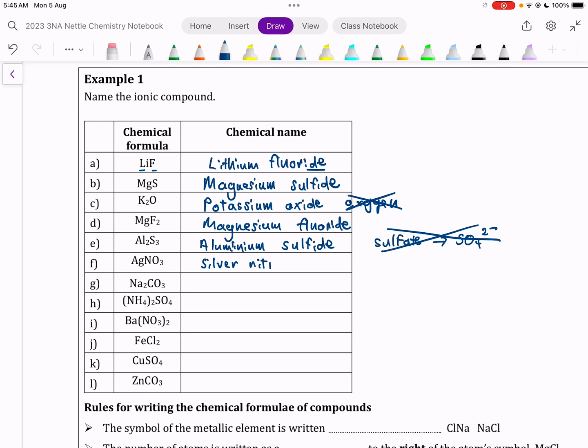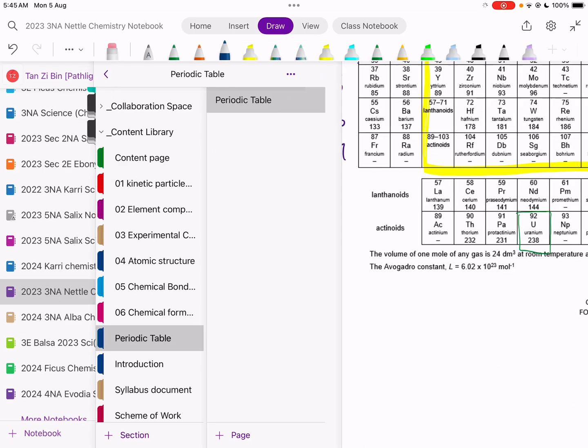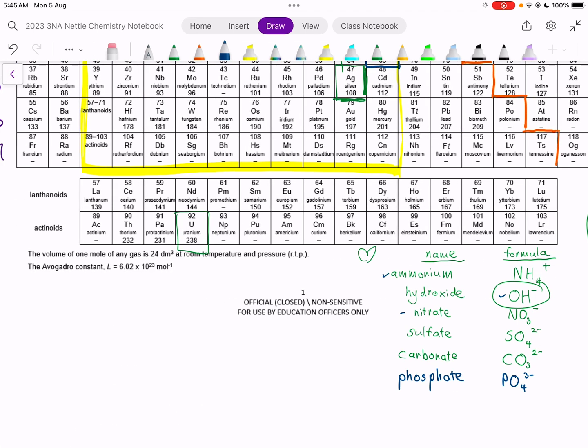Please refer to your periodic table. Then you have Na, that is sodium. CO3 is your polyatomic ion carbonate. Next one, you have NH4 and SO4. If you look at your periodic table, they are here. NH4 is ammonium, SO4 is 2 minus sulfate.